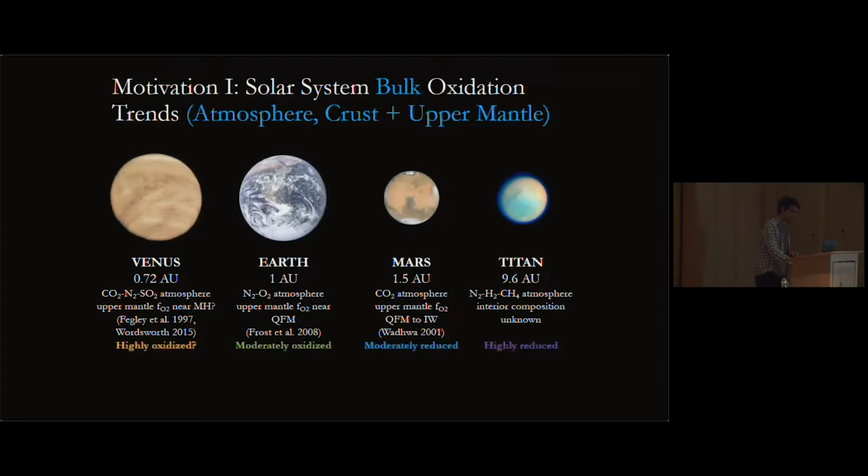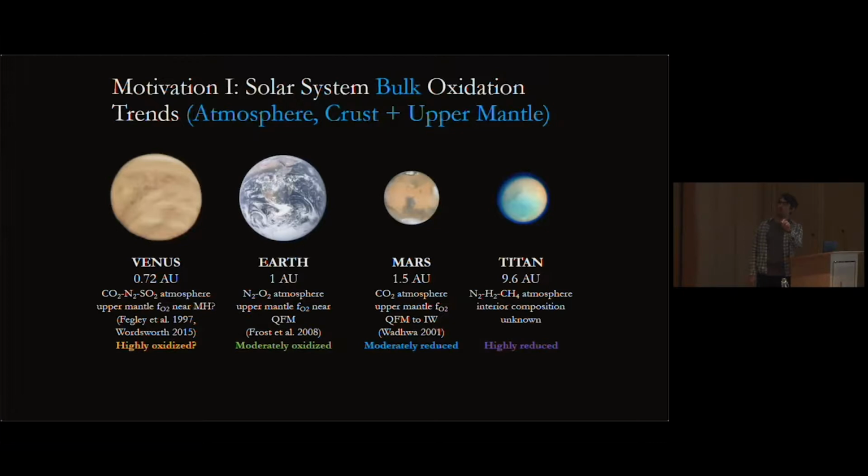I'm not going to belabor the mineral buffers because I know everyone remembers them from yesterday perfectly. And I've instead just put colors here to indicate my interpretation, at least, of what the bulk upper mantle oxidation state is of each of these planets. So Titan, we don't really know the interior composition, but it's so hydrogen rich that I think highly reduced is a good guess. Moderately reduced for Mars.